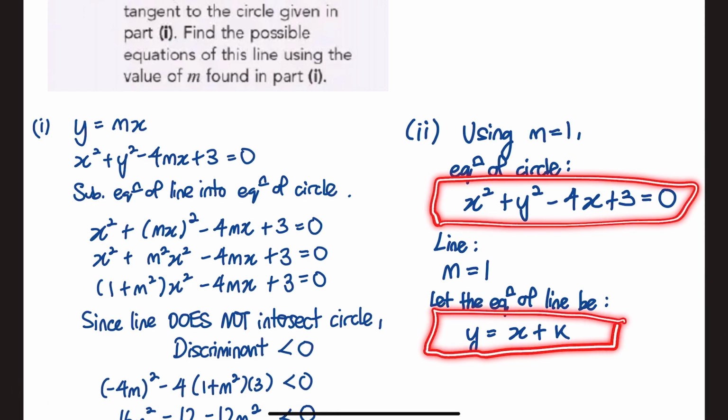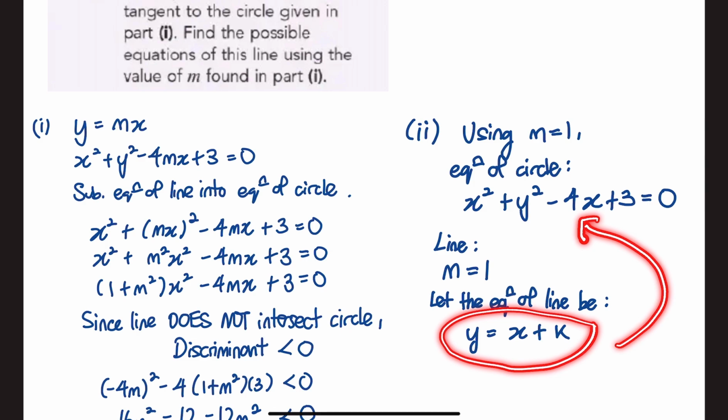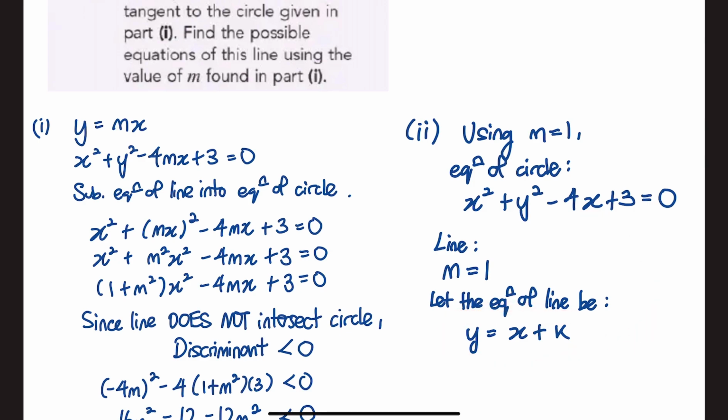For the line to be a tangent to the circle, it means that when I sub the equation of the line into the equation of the circle to find intersection points, there is only one real solution, and the discriminant is equal to 0.